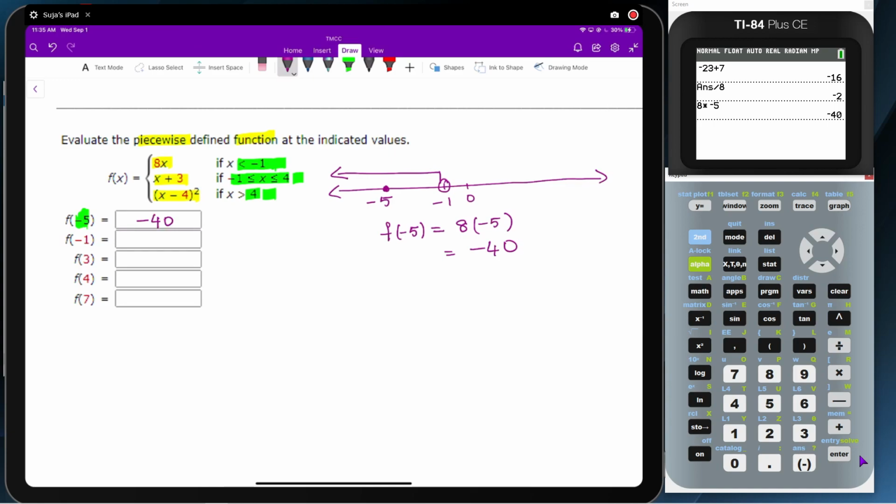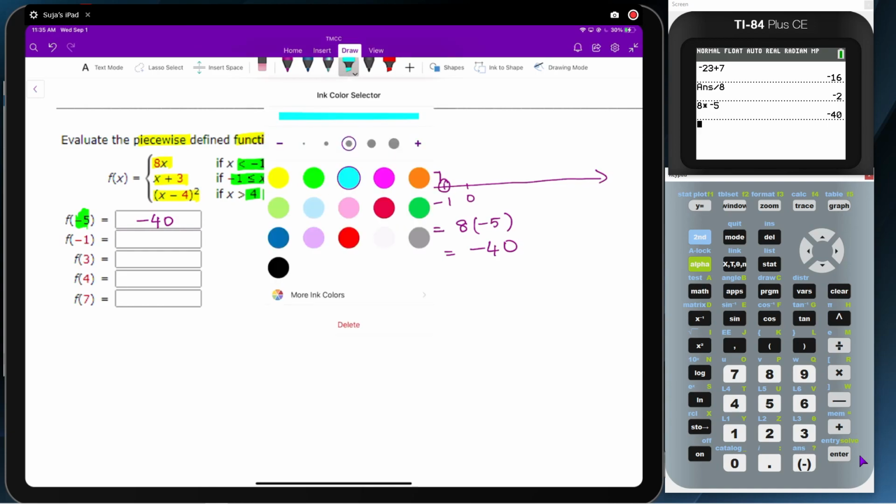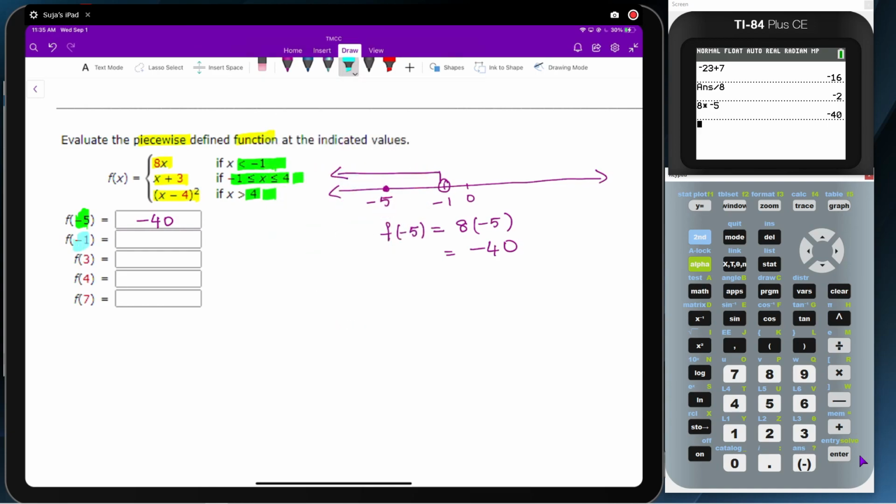Okay. Now the second one. When I'm looking at f of -1, first I need to decide where -1 comes. Since the first piece is less than -1, my second piece is between -1, including -1, to 4, including 4. So it's going from -1 to 4. This is my second piece.